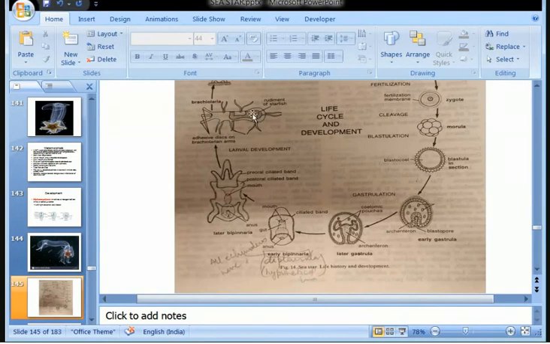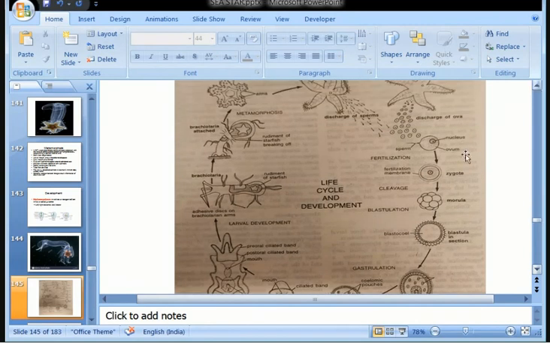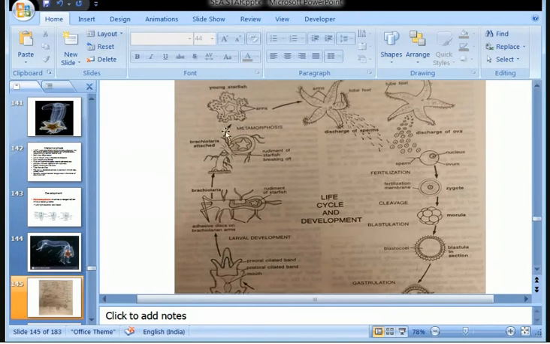And you see just at this point, the rudiment of a starfish is formed. And these are the brachiolarial arms having adhesive discs through which it attaches to the substratum. And when this primordial sea star is formed, this breaks off, this part is released free, and then it develops.